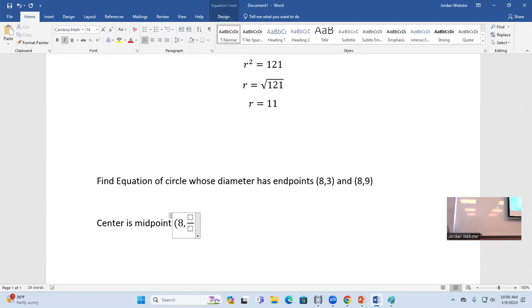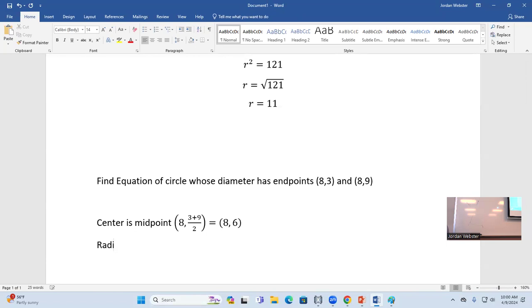Halfway between 8 and 8 is 8. And then I'd go halfway between the y values. 3 plus 9 over 2 is 6. So the center is at (8, 6).